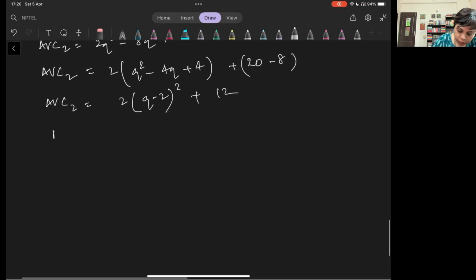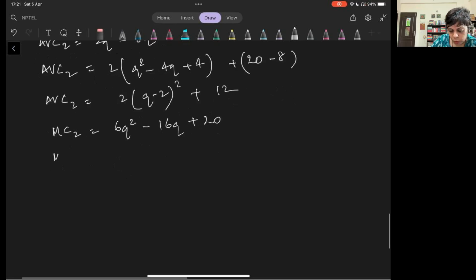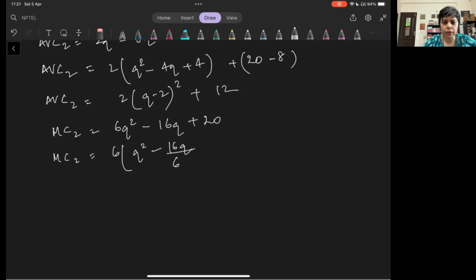Marginal cost for firm 2: I'm differentiating. The fixed cost term is always 0, so I'm just differentiating the variable cost equation. So 6Q square. Again, you can factorize differently, or take the partial derivative, whichever way makes sense for you.